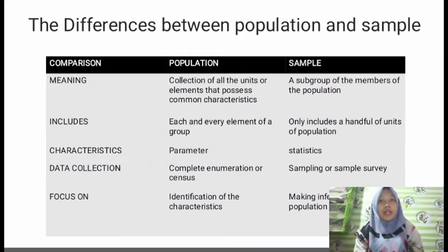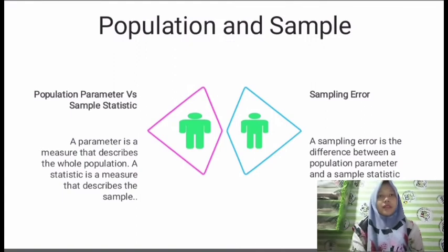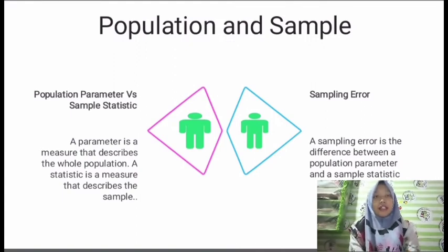So for the sample, the data collection is about sampling or sampling survey. So population focus on identification of the characteristic, and then for the sample is focused on making inferences about the population. Okay, for the next slide, it's about population parameter versus sample statistic and sampling error.